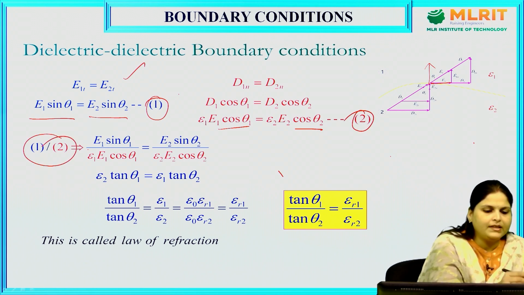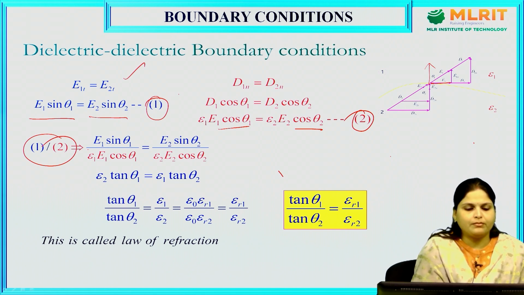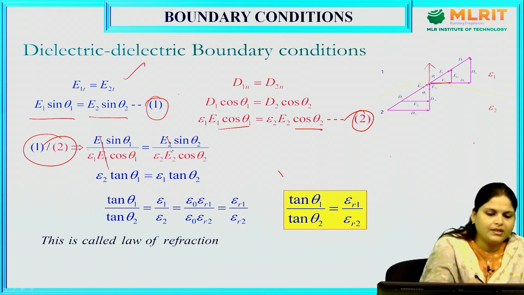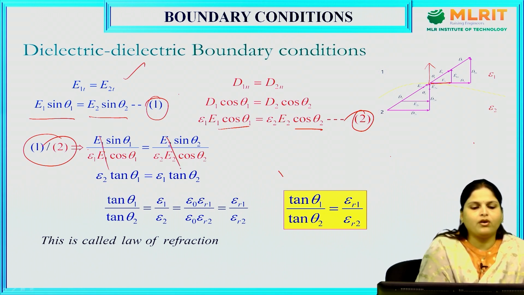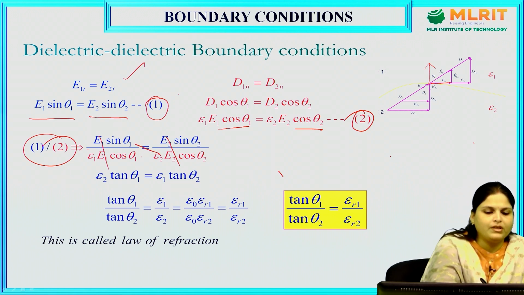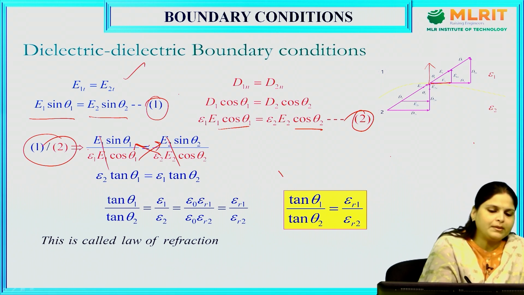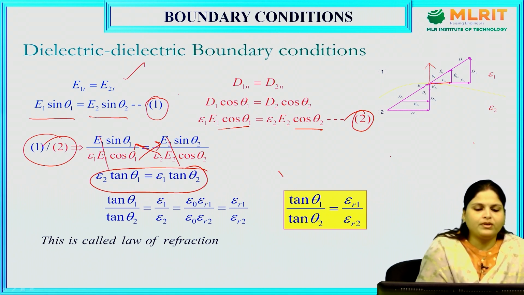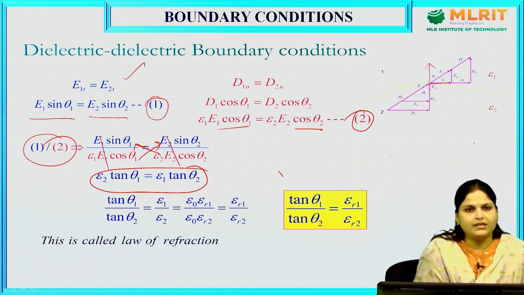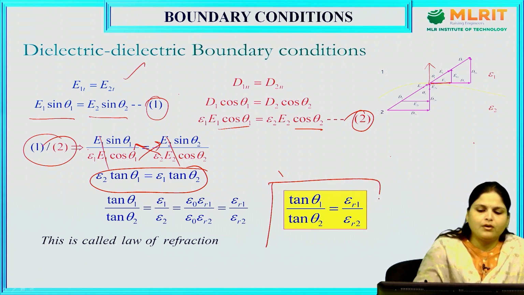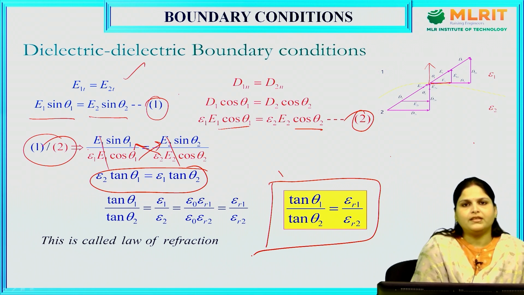Now we will divide equation number 1 by equation number 2, and when we put these values, E1, E2 will get cancelled, sine upon cos is tan theta 1, and epsilon 2 and epsilon 1 will be cross multiplied, and ultimately we get epsilon 2 tan theta 1 is equal to epsilon 1 tan theta 2. Further rearranging, we finally get the formula tan theta 1 upon tan theta 2 is equal to epsilon 1 upon epsilon 2.